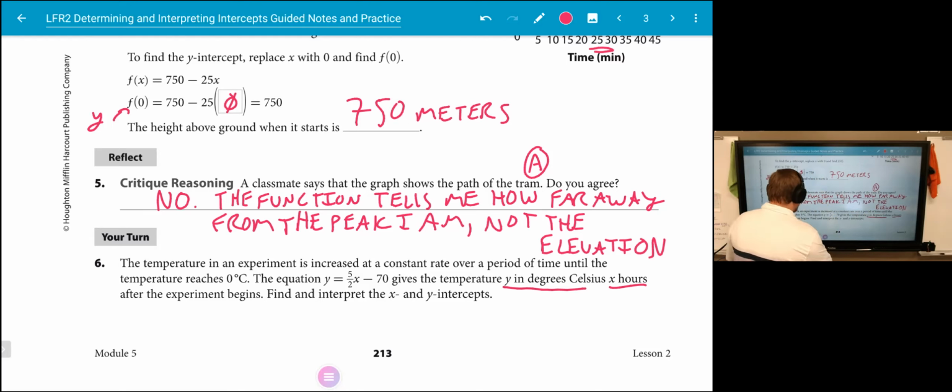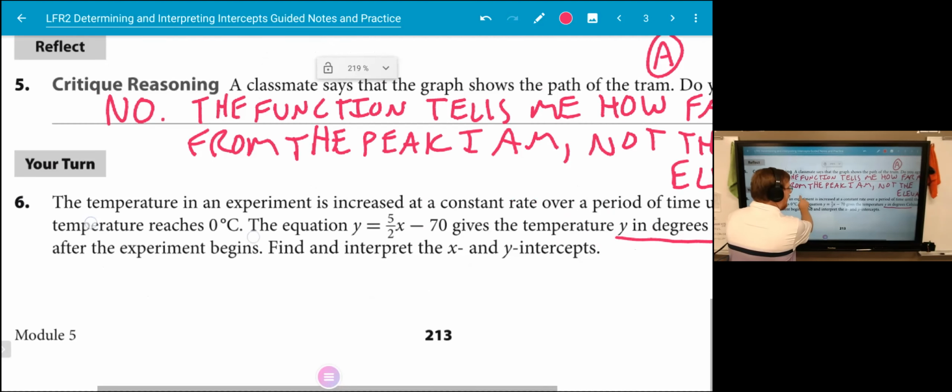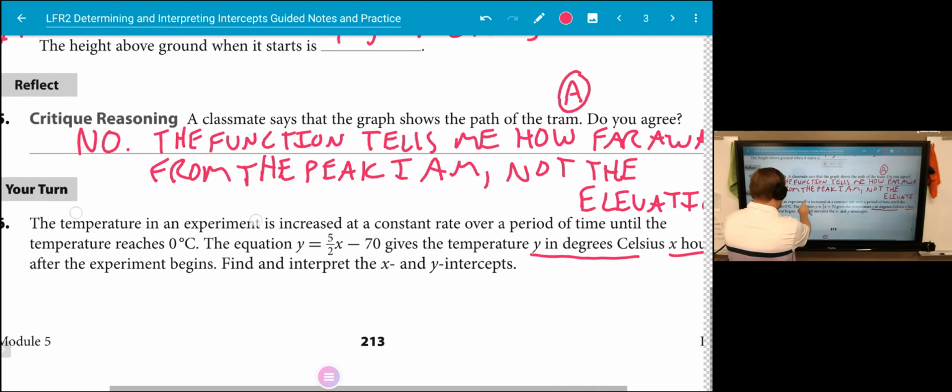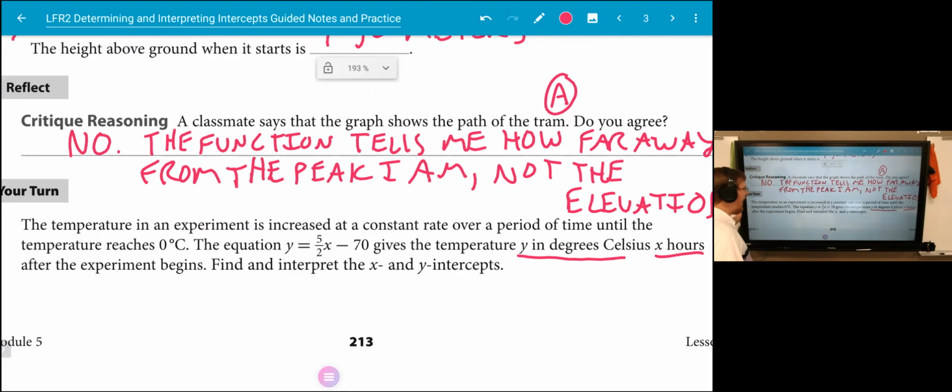Anyway, we're going to do the exact same thing we've been doing. We have this equation right here. I know it's an equation because there's an equal sign. If I'm trying to find the x-intercept, I'm going to set y equal to 0.